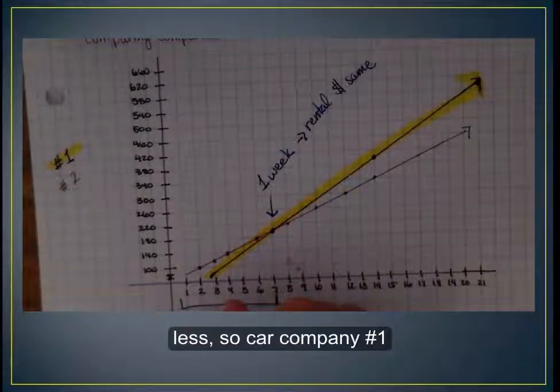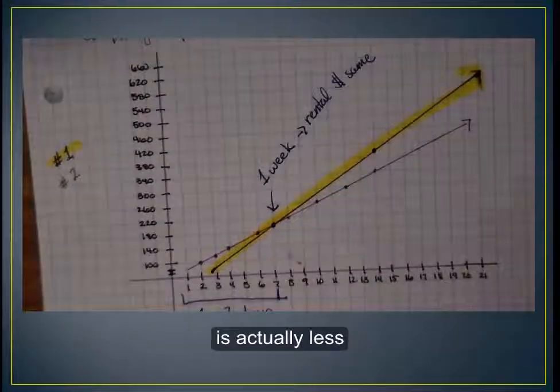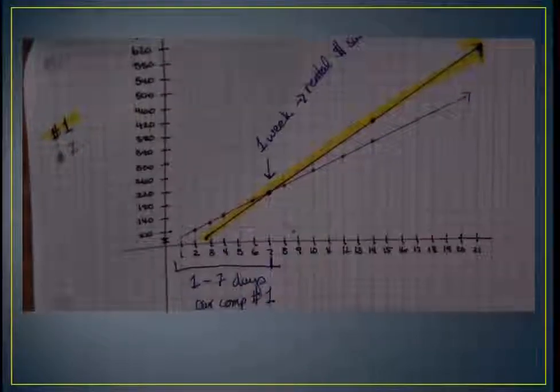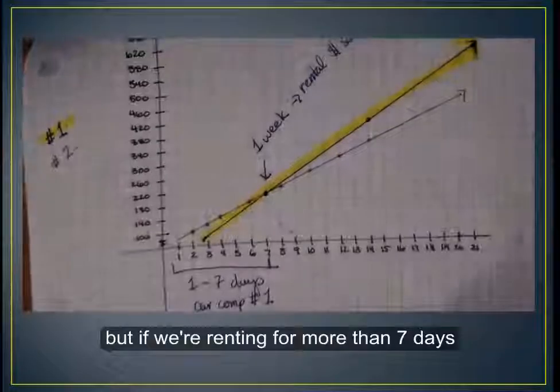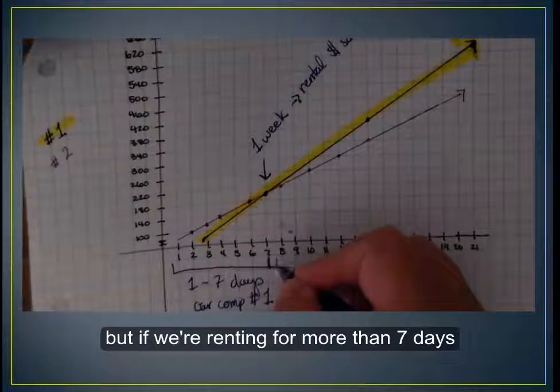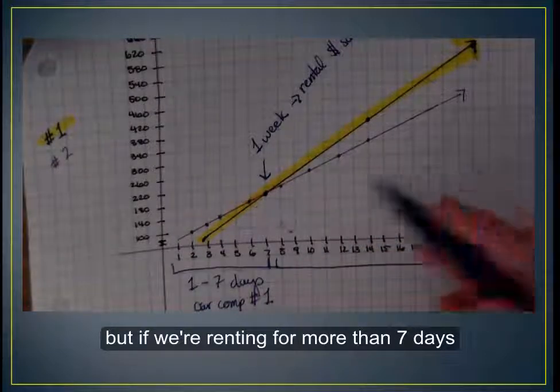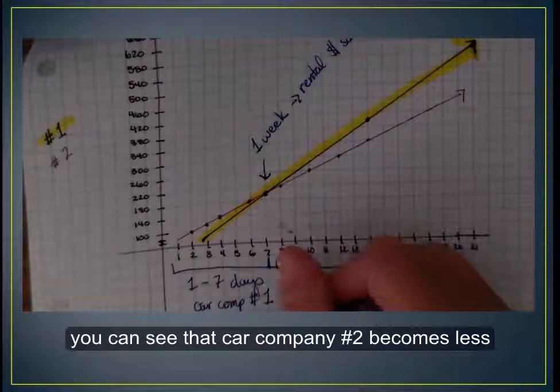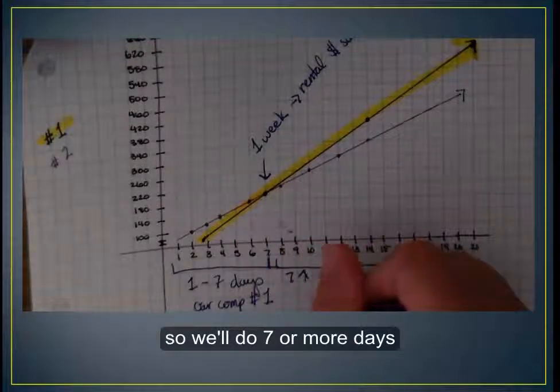So car company number 1 is actually less. Oh, you guys can't see that, sorry. Okay, but if we're renting for more than 7 days, you can see that car company number 2 becomes less. So we'll do 7 or more days.